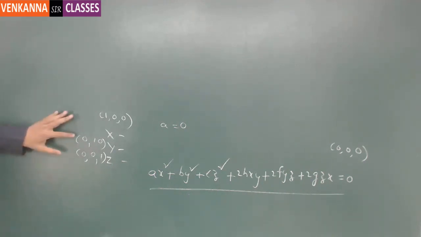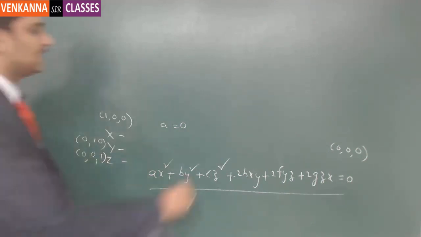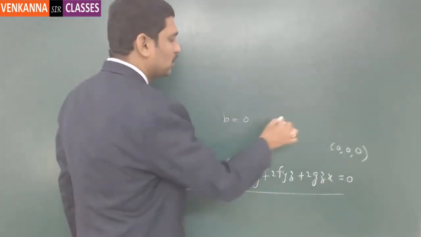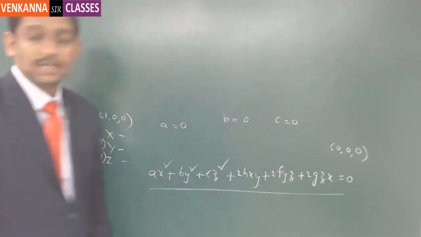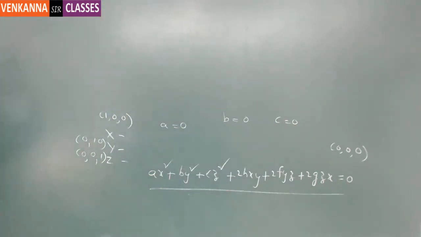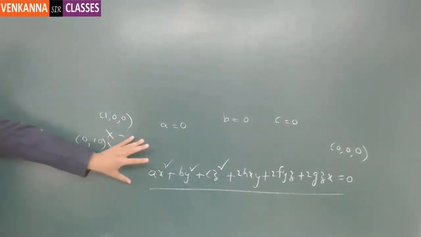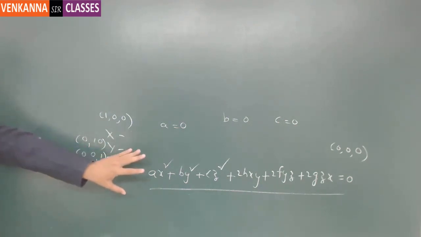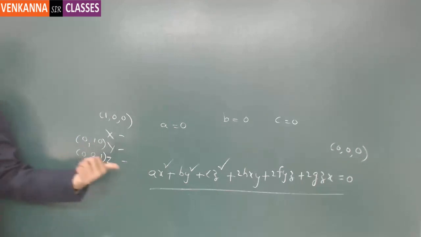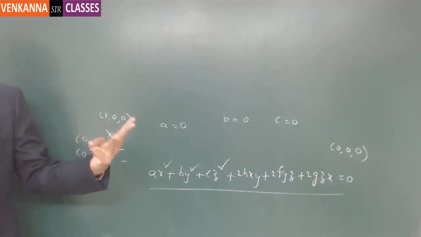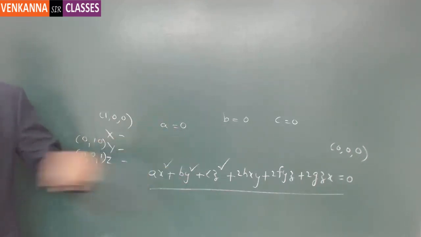Similarly, if you substitute the DCs of y-axis and z-axis here, you get b equal to 0 and c equal to 0. As I have taken, this surface represents a cone with vertex at origin, and it has the three coordinate axes as generators.